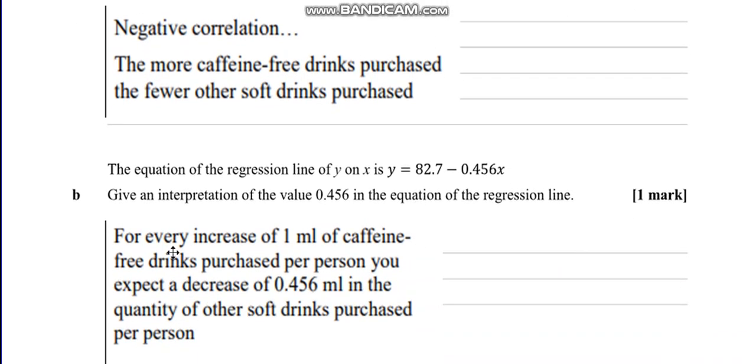So to interpret it, it's for every 1 millilitre of caffeine-free drinks purchased per person, you expect a decrease of 0.56 millilitres in the quantity of other soft drinks purchased. So if we go across one, we're going down 0.56, and we know it's down because of the negative sign there.